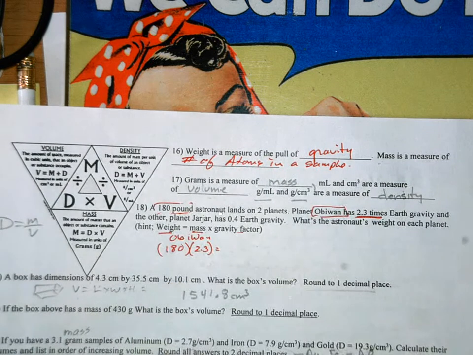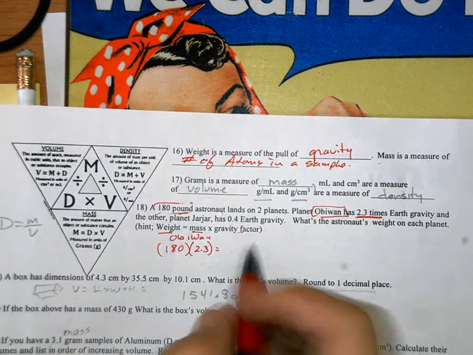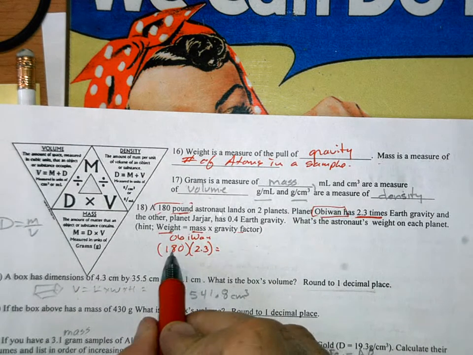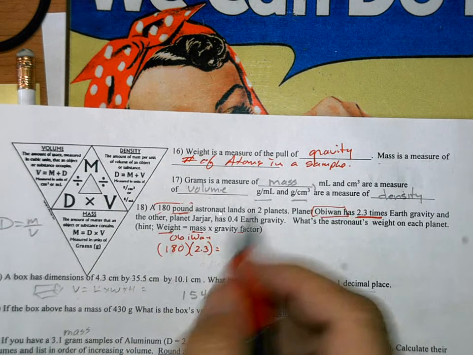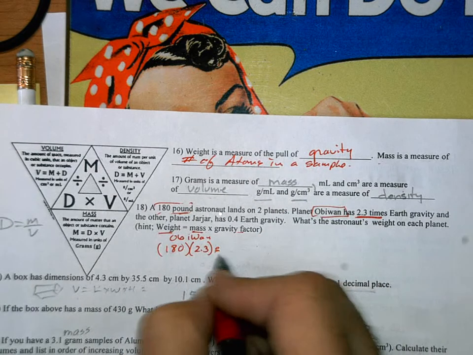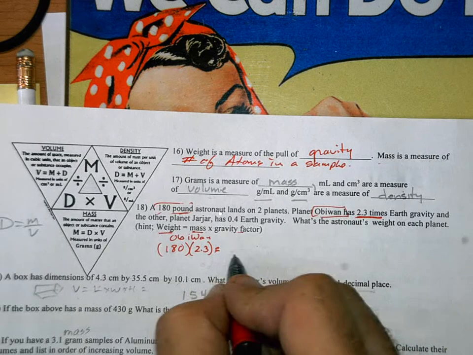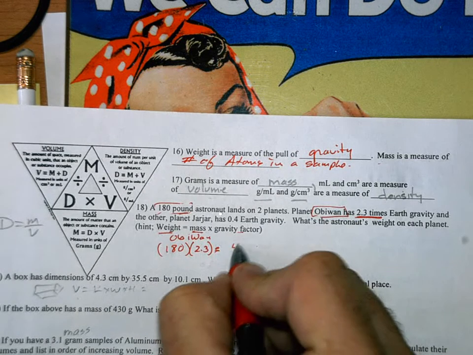When you get that, you're going to get some bigger number. I'm going to guesstimate it's going to be about 400. I'll let you actually do the math on that. Oh, it's 414.